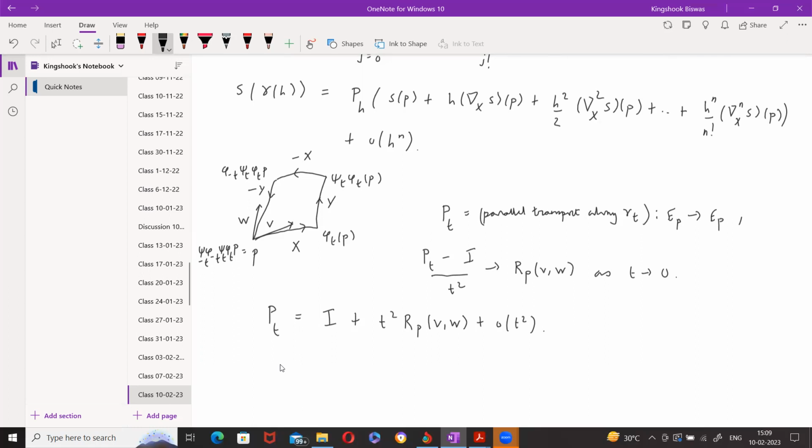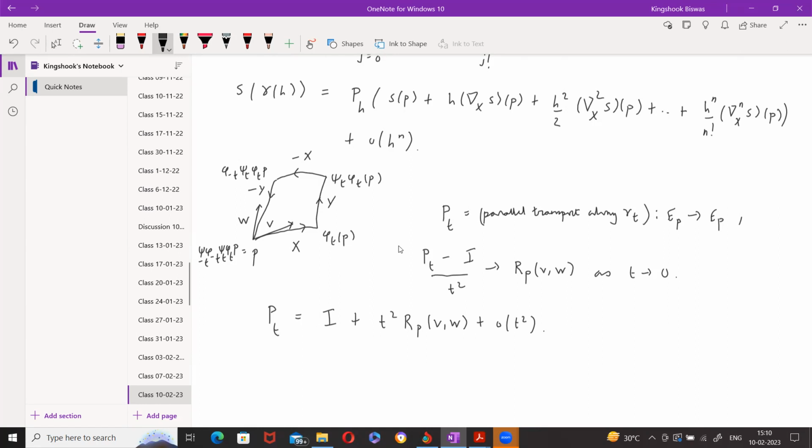Yeah, so notice this is saying what? That parallel transport along this small curve. So the diameter of this curve is of order t, right? So the side lengths are of order t. So you would expect that this parallel transport would be close to the identity and maybe differ by some term of order at most t. But actually what happens is, because you have a parallel transport in the x direction and then in the minus x direction, and also in the y direction and in the minus y direction, you have some first order cancellation.